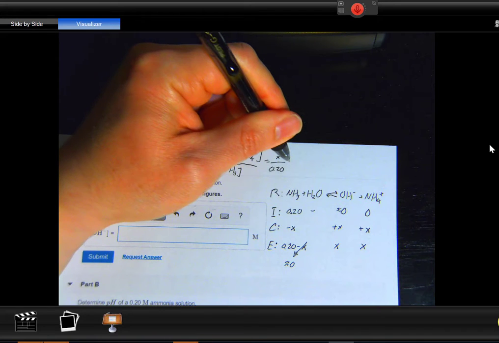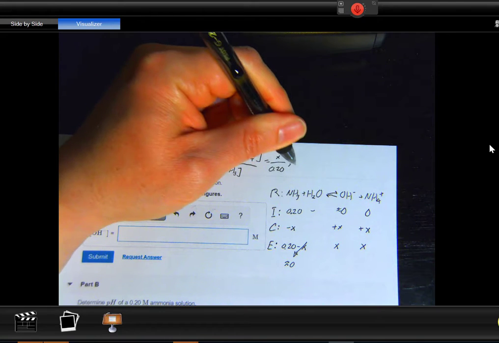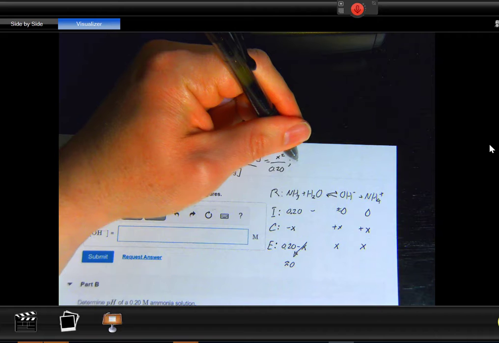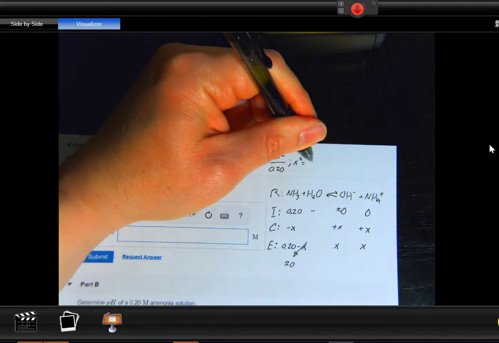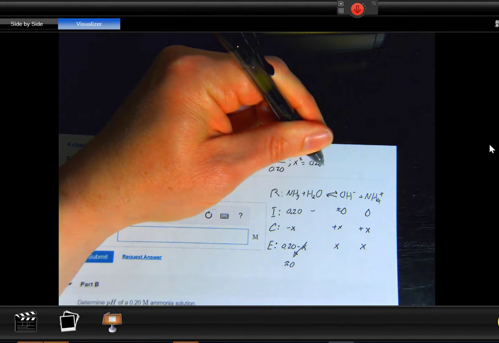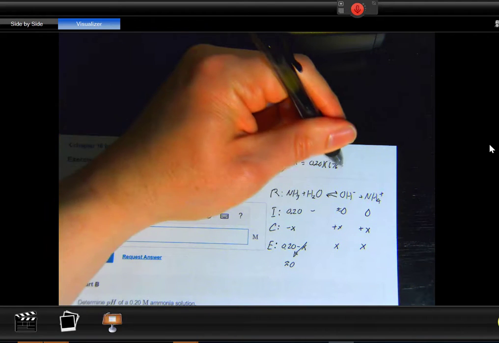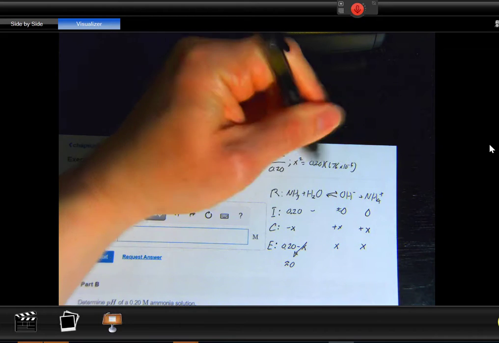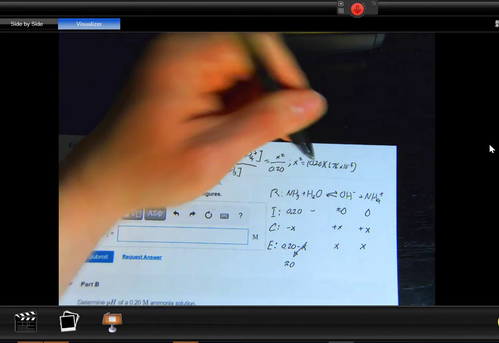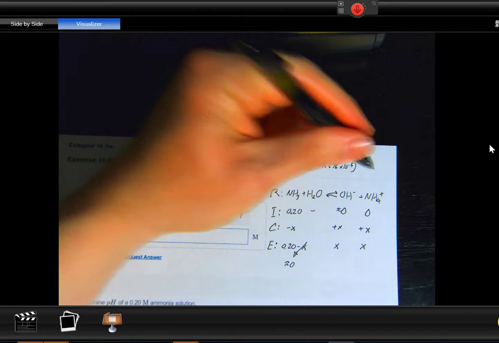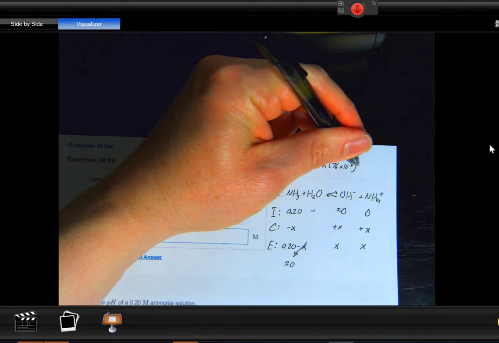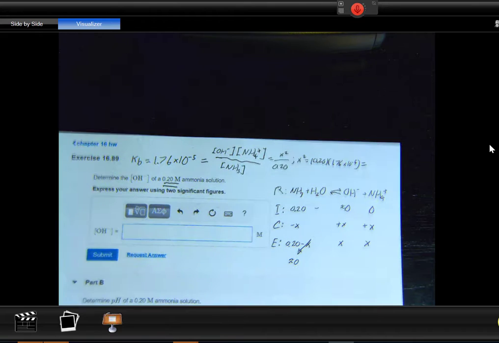And I think I'll go ahead and do this in a few steps. So we'll have x squared is equal to 0.20 times 1.76 times 10 to the minus 5. So let me actually go ahead and do the math on that.